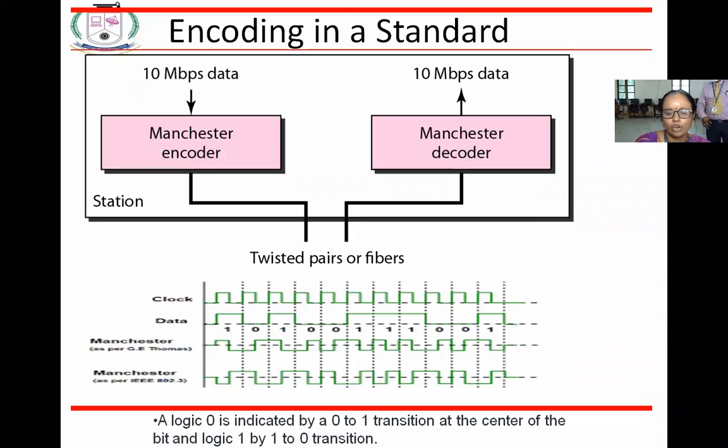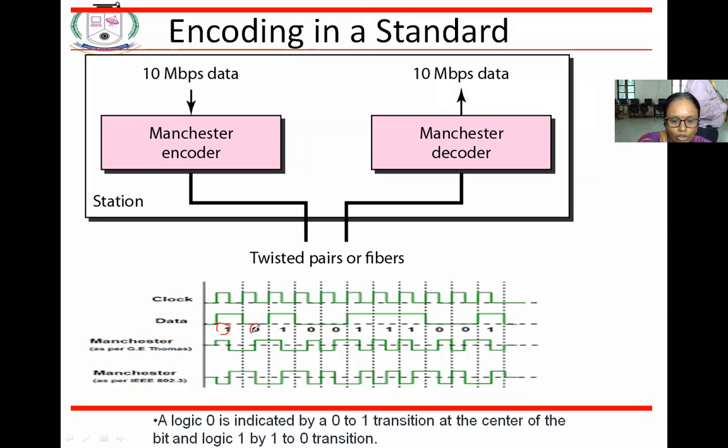Have you heard about Manchester encoding in the twisted pair cable? I told you the clock and data should always be synchronized while sending. So for Manchester encoding, see this: my data is 1, and my data is 0.